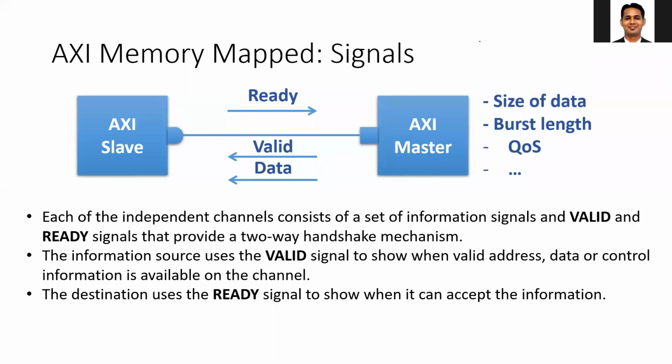The information source uses the valid signal to show when the corresponding data is valid on the data bus. The destination uses the ready signal to indicate when it can accept the data. Whenever valid is 1 and ready is 1, the handshake happens and data is passed from the information source to the destination.